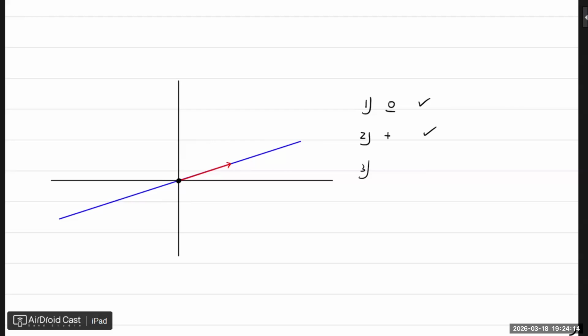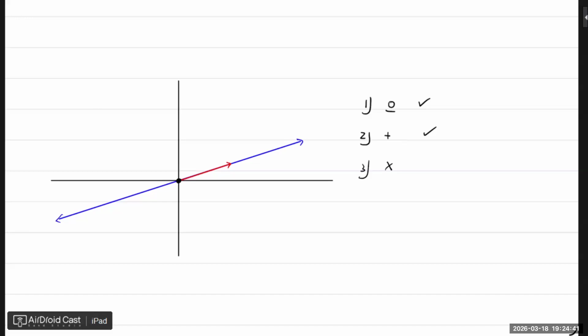The length of the other vector doesn't matter, as long as it's on that line, because this line carries on to infinity. And that brings us to the next point, which says it must be closed under multiplication.